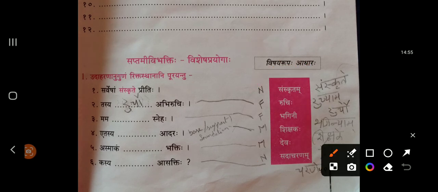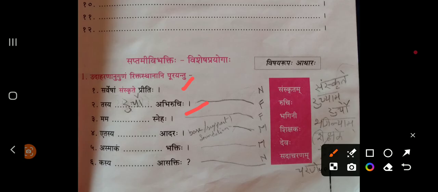Like this you need to analyze. Let's see one more blank. Tasya dash abhiruchihi. Or let's take a simple one. Mama dash snehaha. My dash sneha.